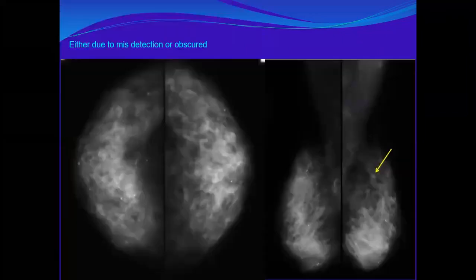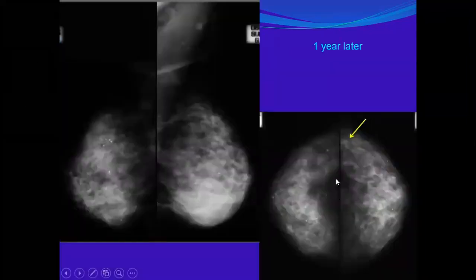Even if you look here in this CC view and here, the retromammary fat is better visualized, better depicted. So the difference in positioning and the exposure of the breast, the inclusion of the breast tissue, differs from one technique to another.